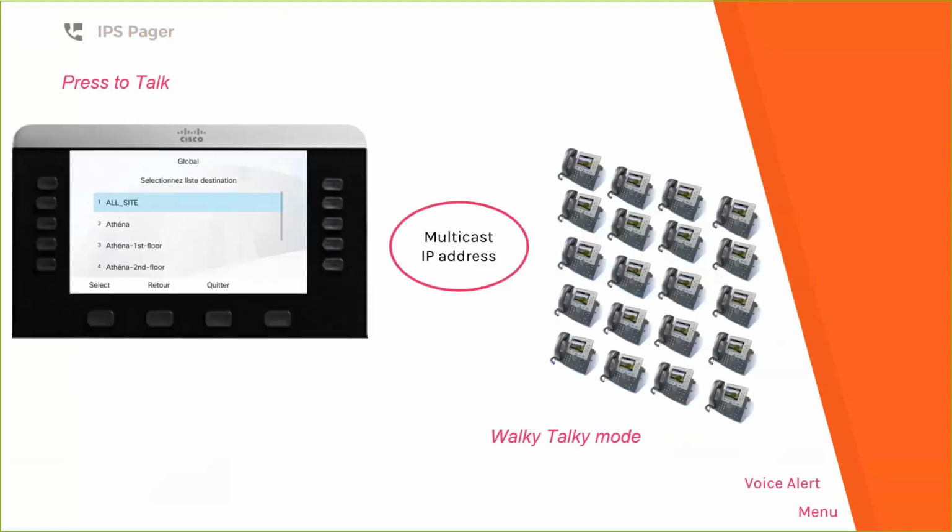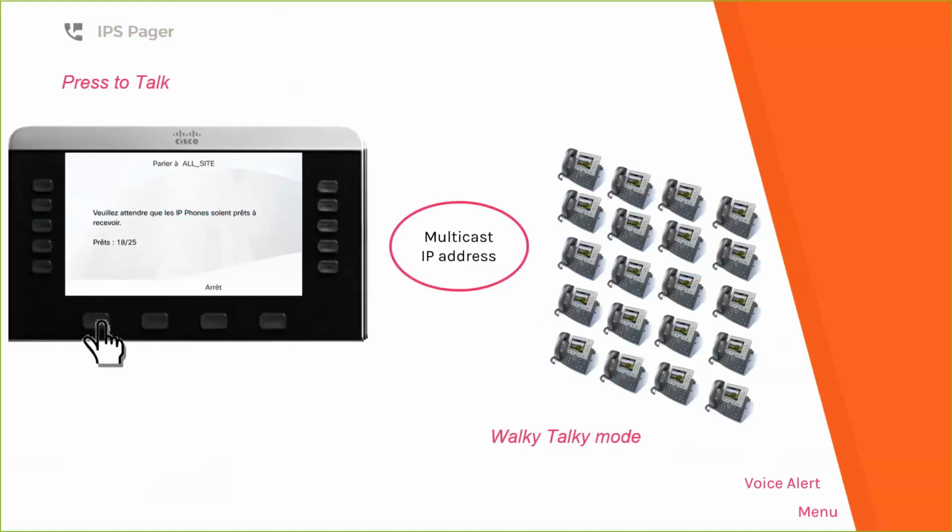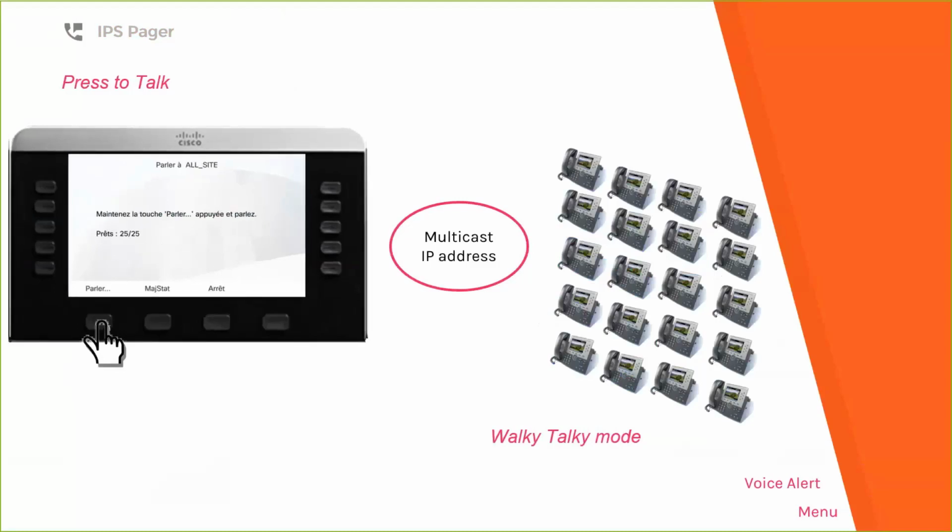Here, from the IP phone interface, you select first the destination, for example, all the sites. Then you decide to talk, and the IP phone will wait until enough IP phones are ready to hear the notification, and then you can press the Talk soft key, so it is in French, and at that time you are connected.